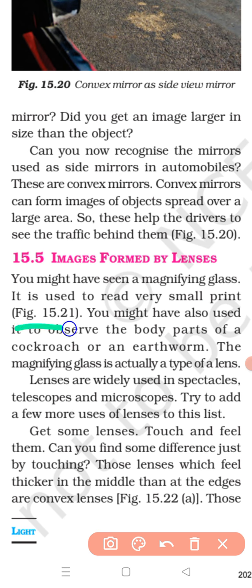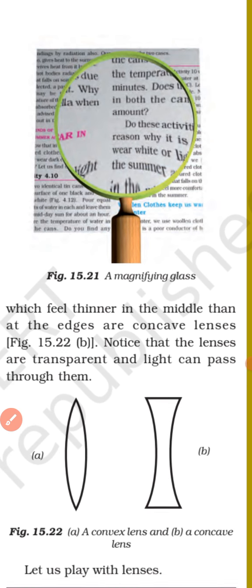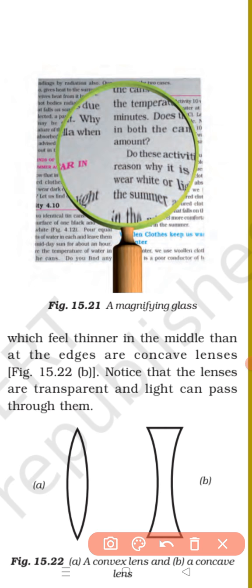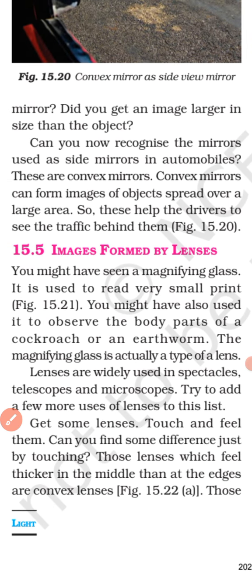It is shown in figure 15.21. You might have also used it to observe the body parts of a cockroach or an earthworm. The magnifying glass is actually a type of lens.